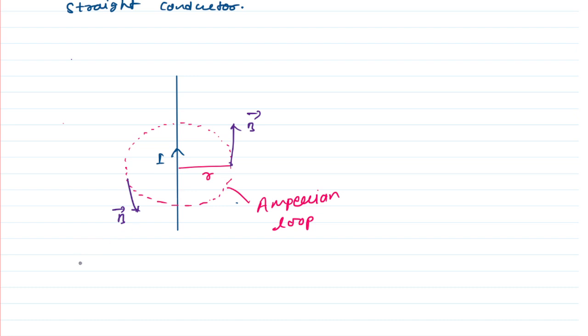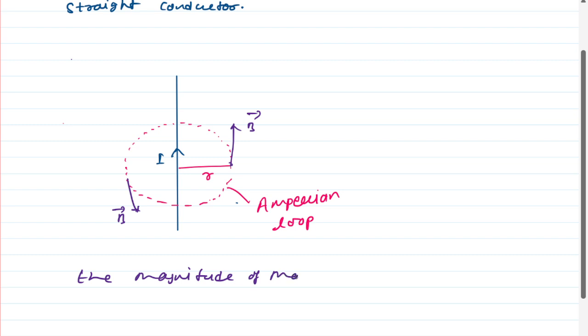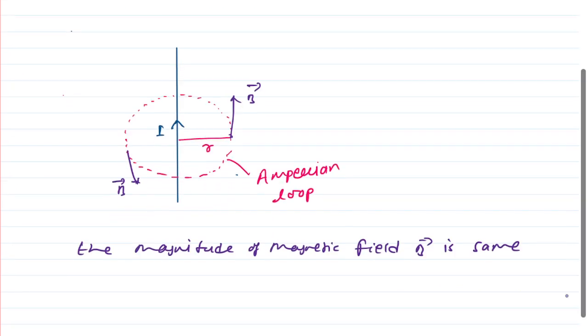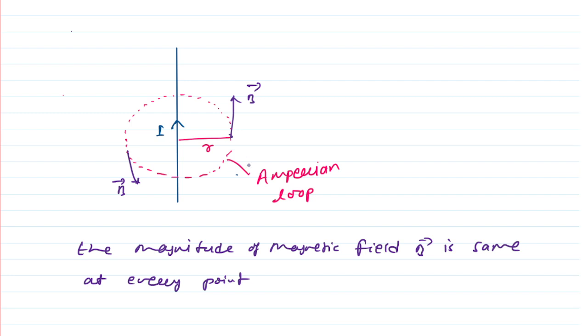So the magnitude of magnetic field B is going to be the same at every point of the circular loop.